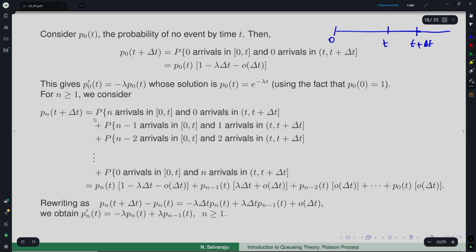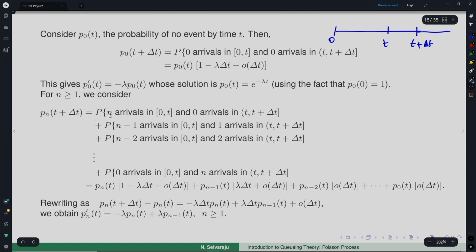It can happen in the following mutually exclusive ways: n arrivals in 0 to t and 0 arrivals in t to t plus delta t; n minus 1 arrivals in 0 to t and 1 arrival in t to t plus delta t; n minus 2 arrivals in 0 to t and 2 arrivals in this, and so on, going up to 0 arrivals in 0 to t and n arrivals in t to t plus delta t.